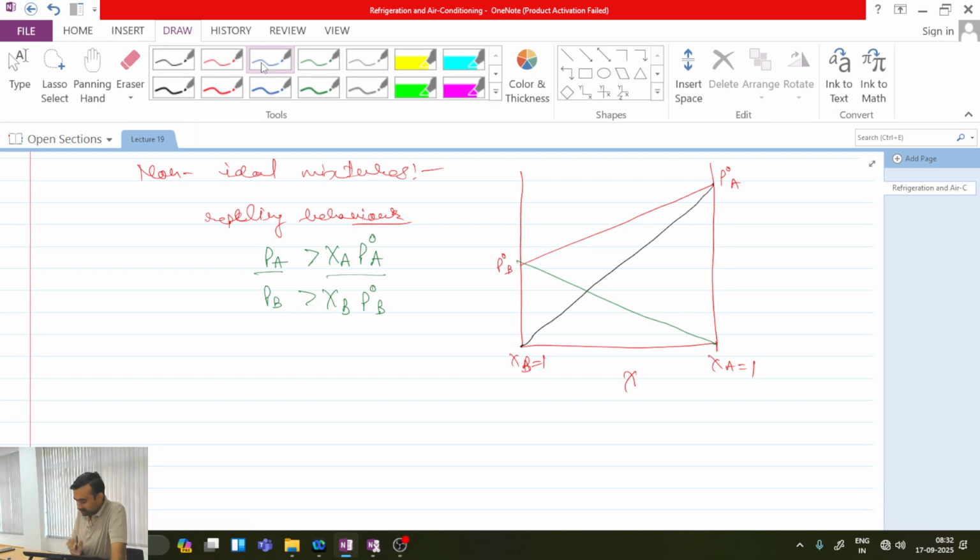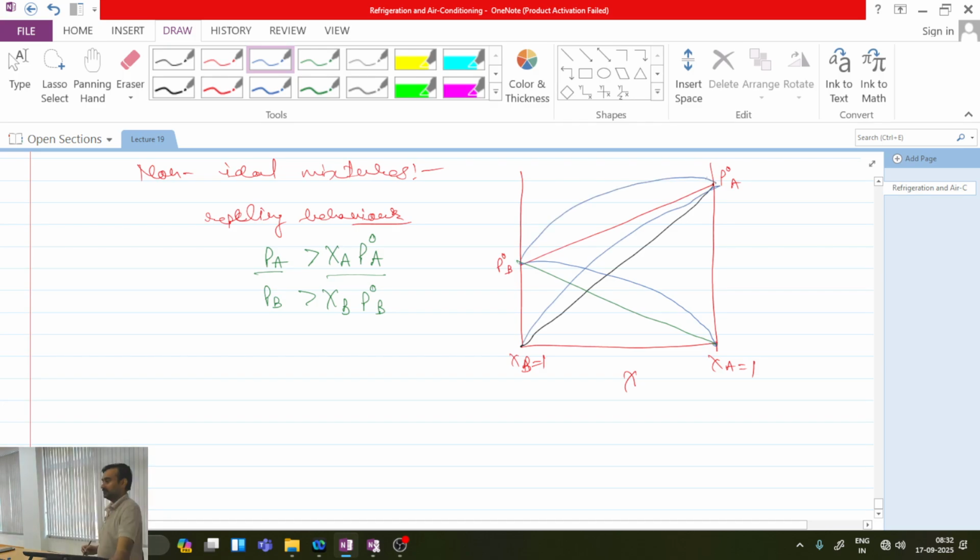Positive deviation. It means, because it has to be greater than chi A, it will be like this. This will be like this, and the total pressure will be this. So this will be actual PB, this will be actual PA, and this will be P equal to PA plus PB.